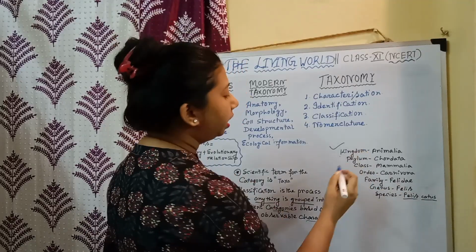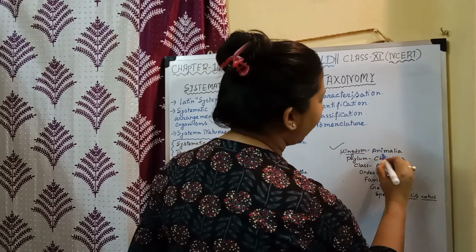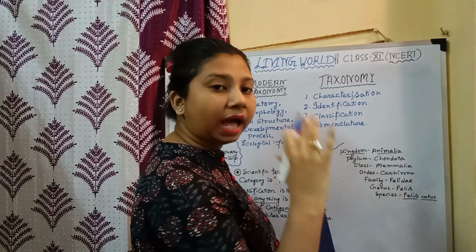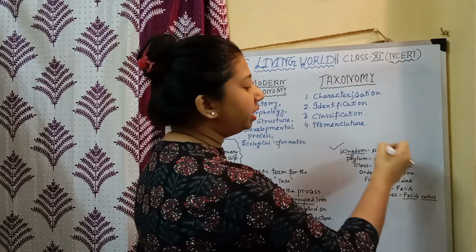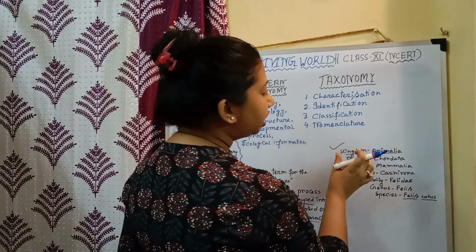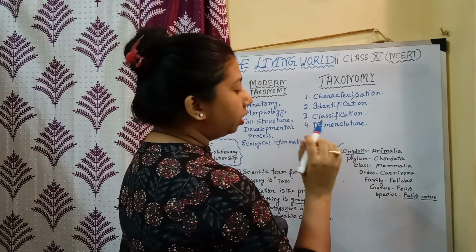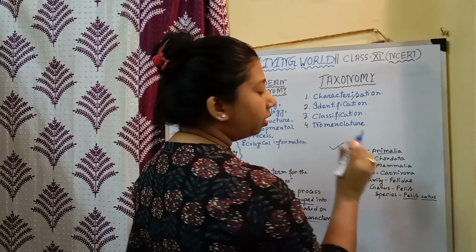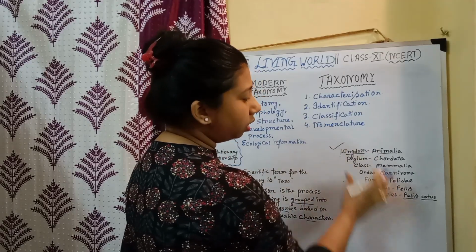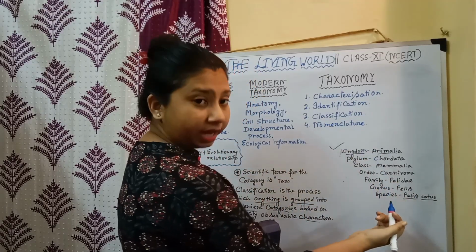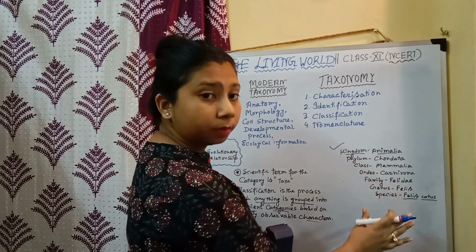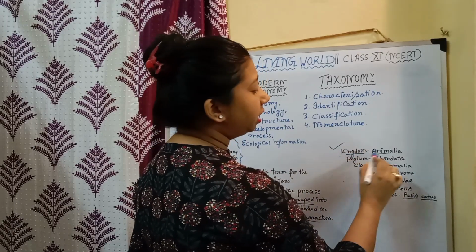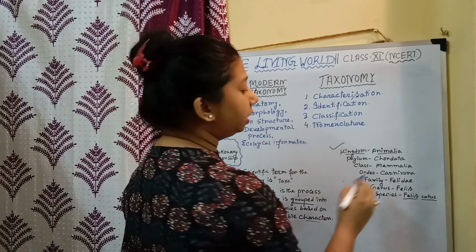See here, kingdom Animalia means the animal category. All the animals are included in this animal category. So we can place the cat into that animal category, right? This is the classification of the cat. First we can write kingdom Animalia.